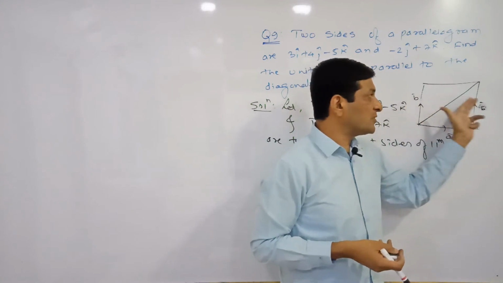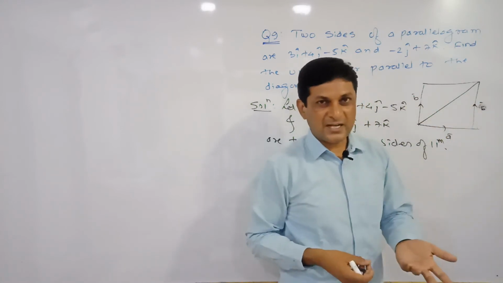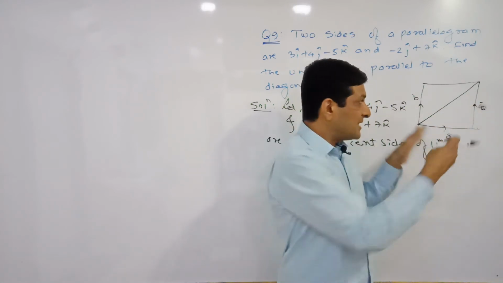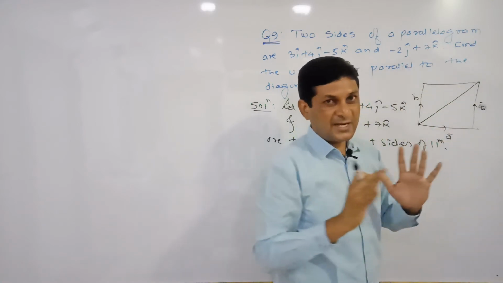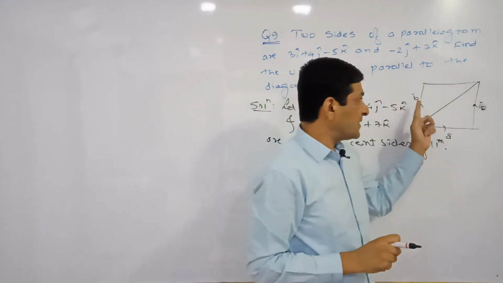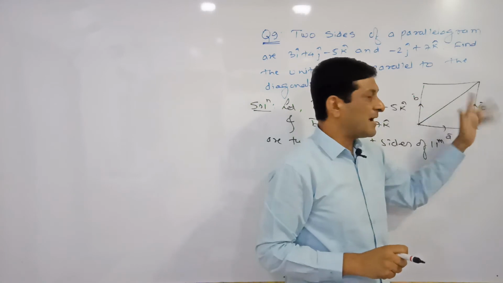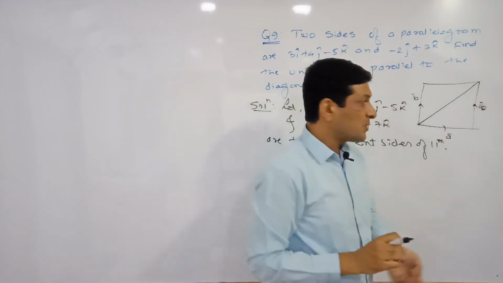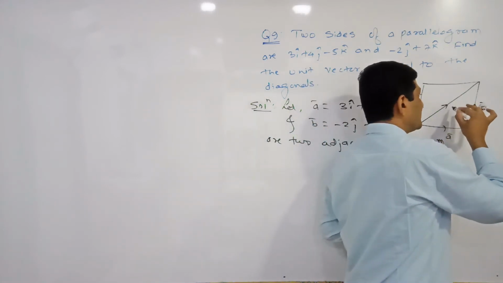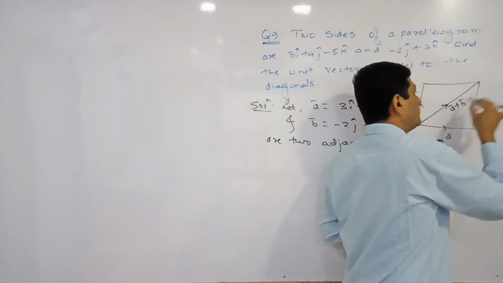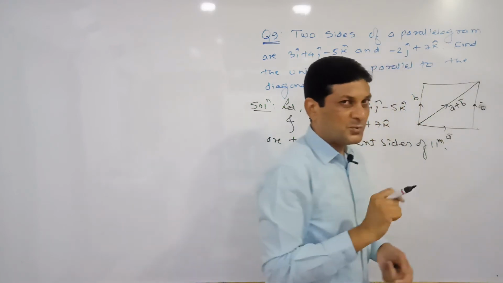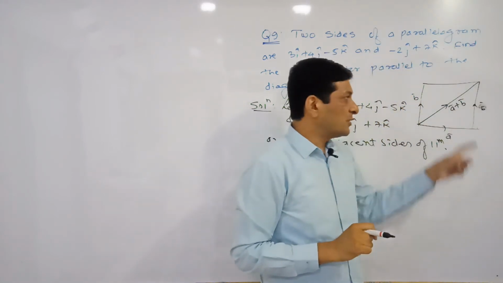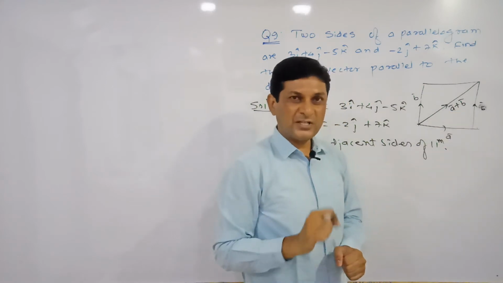Since these are opposite sides of the parallelogram, the lengths are equal, and they are parallel to each other, so the directions are also the same. So according to the triangle law of vector addition, this diagonal will be A bar plus B bar. So we have got one diagonal, represented by A bar plus B bar.